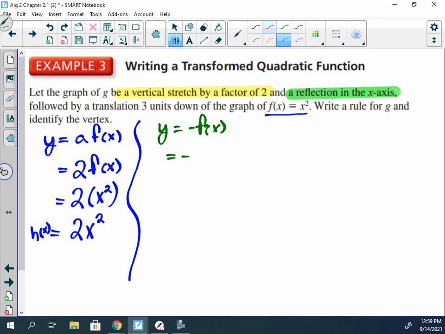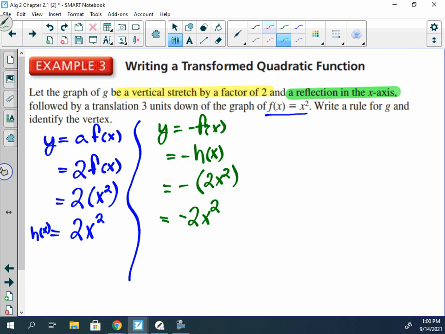We have h of x. We just called it h of x because we needed another definition for it partway through. What is h of x? 2x squared. So I can multiply everything inside the parentheses by the negative, which just gives us negative 2x squared.